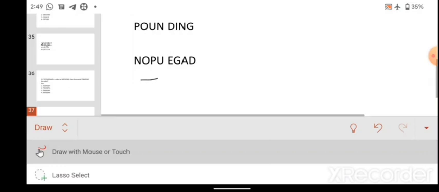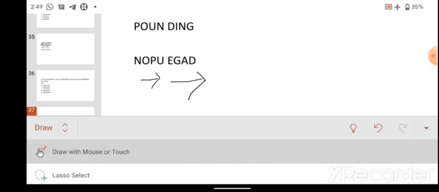NOPU, you can see this is in alphabetical order: M, N, O, P, Q, R, S, T, U, and EGAD is also in alphabetical order.